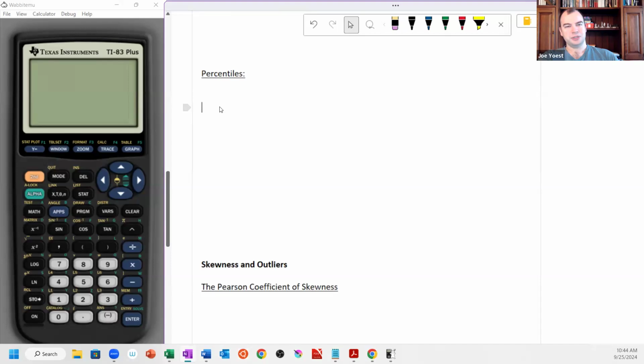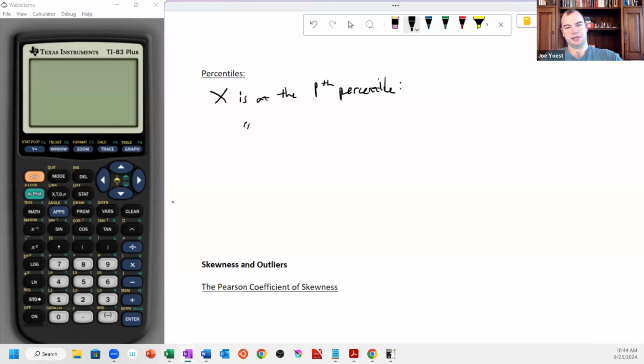So percentiles, what's the idea of a percentile? If I say that a data value x is at, say, the pth percentile, what do I mean by that?